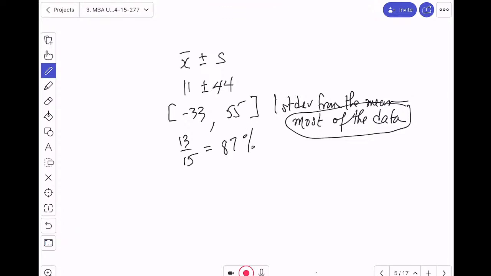Most of the hits are between negative 33, which is really just 0, and 55.